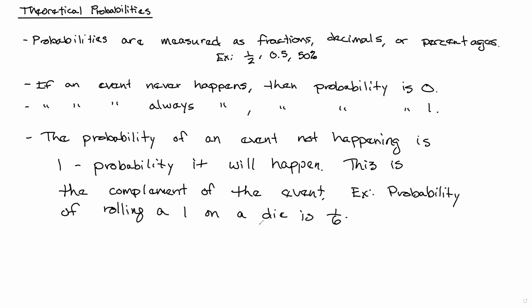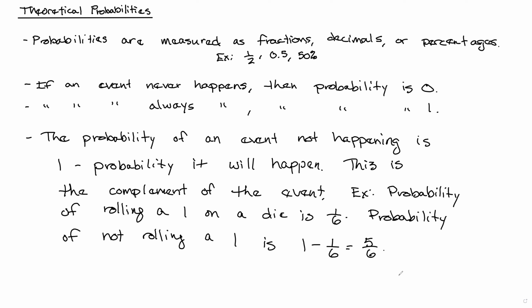The probability of not rolling a 1 is going to be 5/6. And you can just check that out, right? So the opposite of rolling a 1 is going to be not rolling a 1. Not rolling a 1 would be rolling a 2, a 3, a 4, a 5, or 6. There's 5 possibilities out of 6 total. Okay.